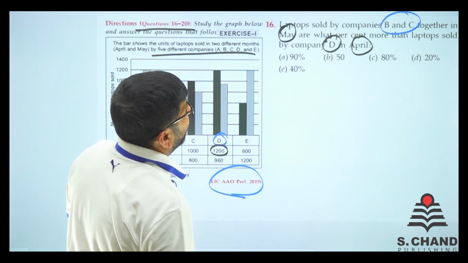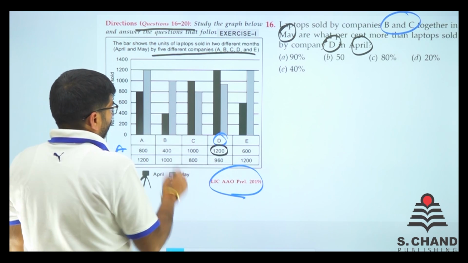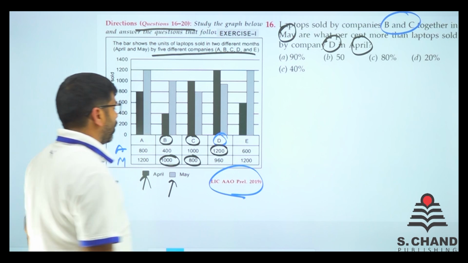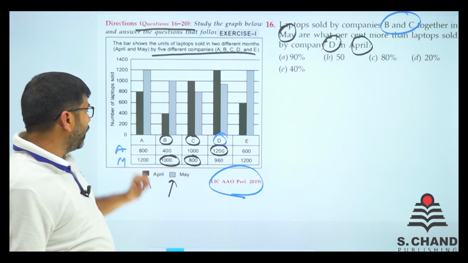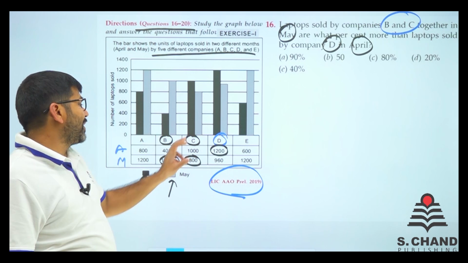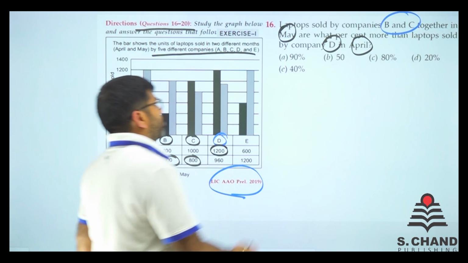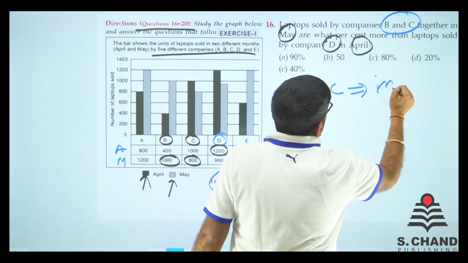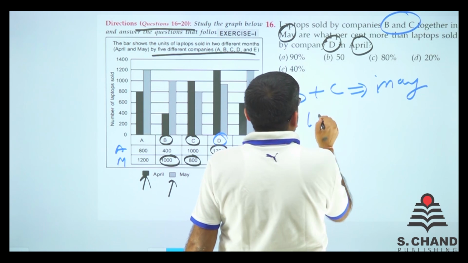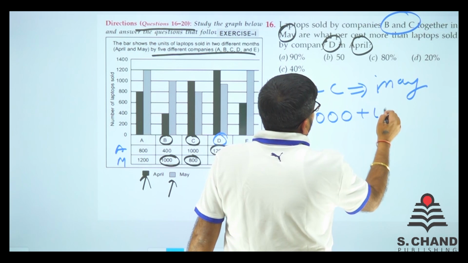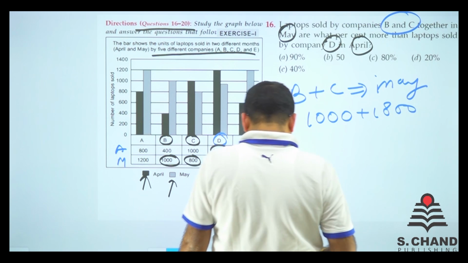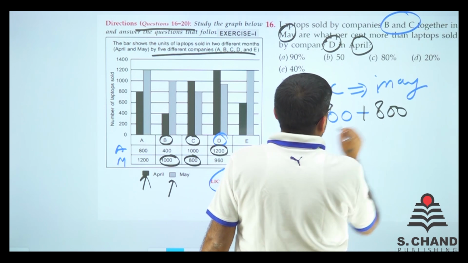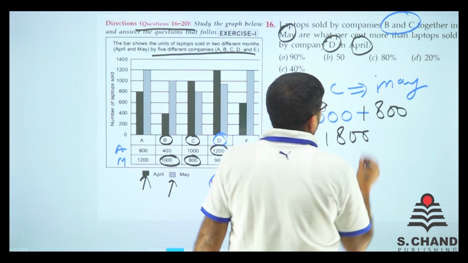Now what is asked? B and C together in May. So B and C together in May is 1800, because in B, May is 1000 and in C, May is 800. So B plus C in May is 1000 plus 800, which is 1800, right?